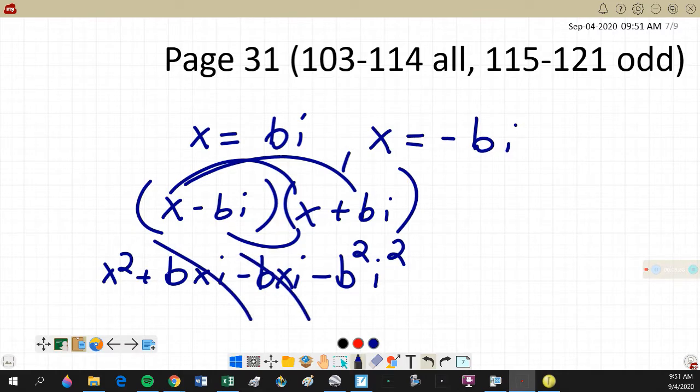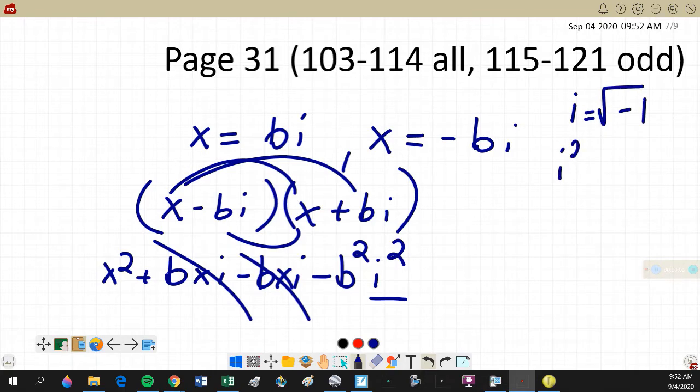How did I know that? I was dealing with conjugates, right? x plus bi, x minus bi. Anytime you have conjugates, the middle term will drop out. Okay? And over here on the end, i squared. So i is defined as the square root of negative 1.